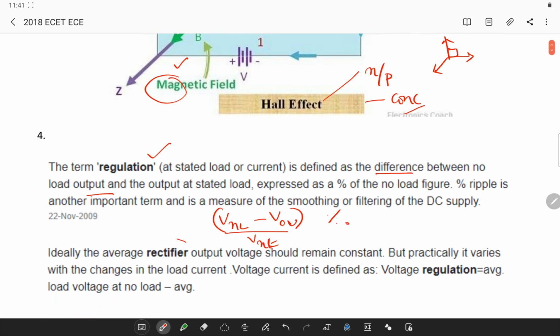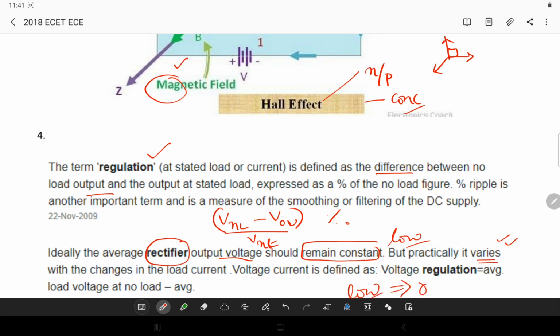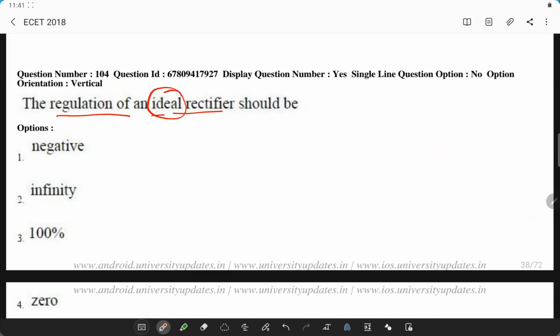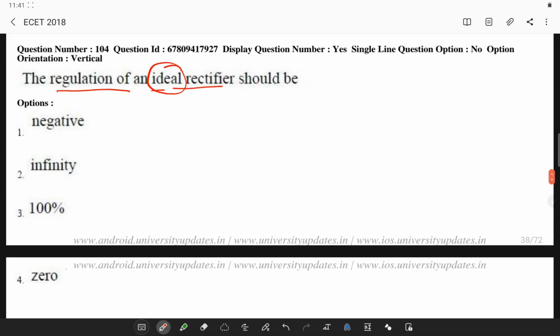Ideally the average rectifier output must remain constant or be low. As the load varies it will vary, but it has to be low, which means the ideal value is 0.